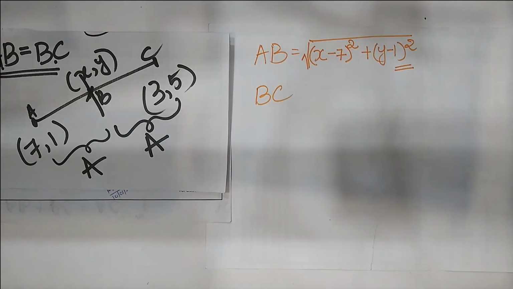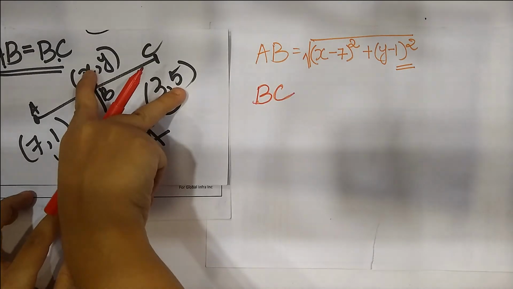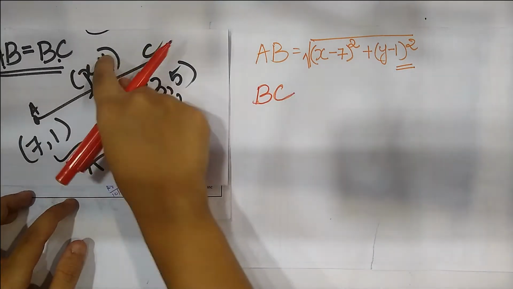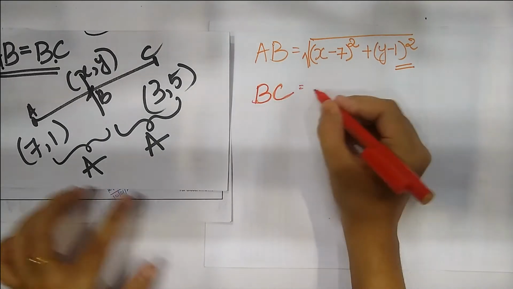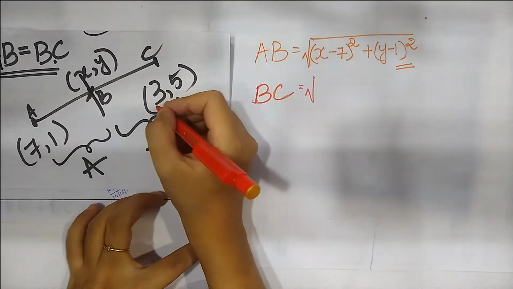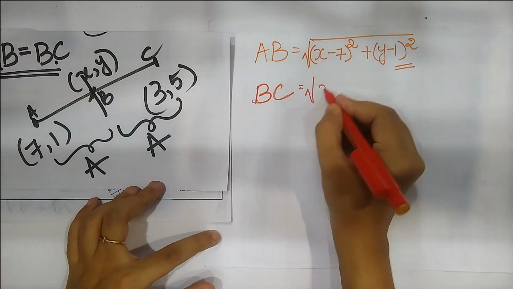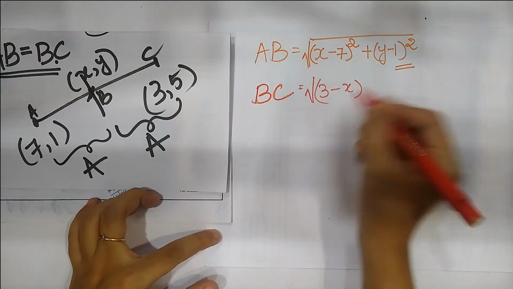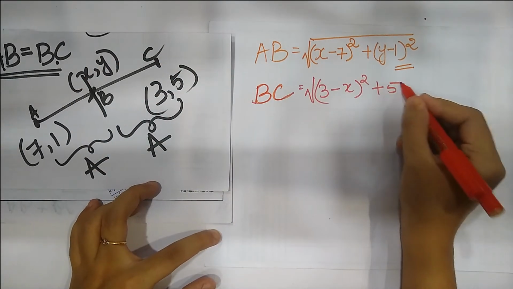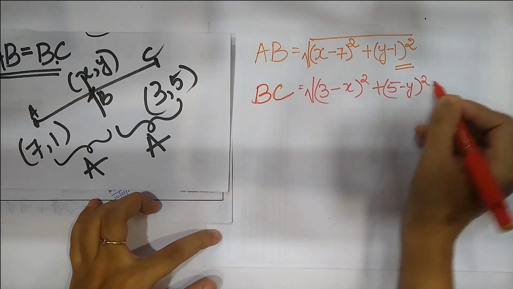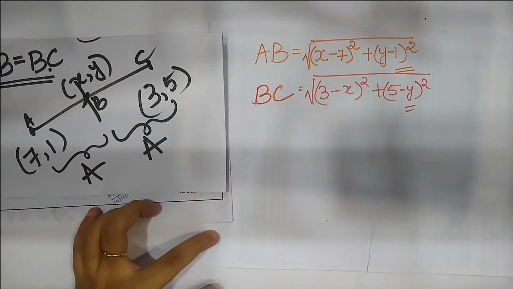BC is what we are trying to find next. For the distance BC, these are the coordinates that you will choose: x comma y and 3 comma 5. We'll apply the distance formula here, which is x2 minus x1. So 3 minus x the whole square, plus 5 minus y the whole square, right? So we've got AB and we've got BC.